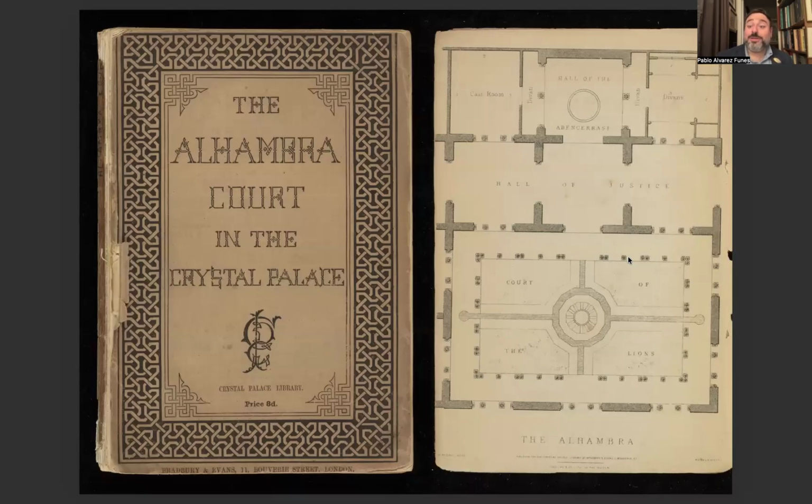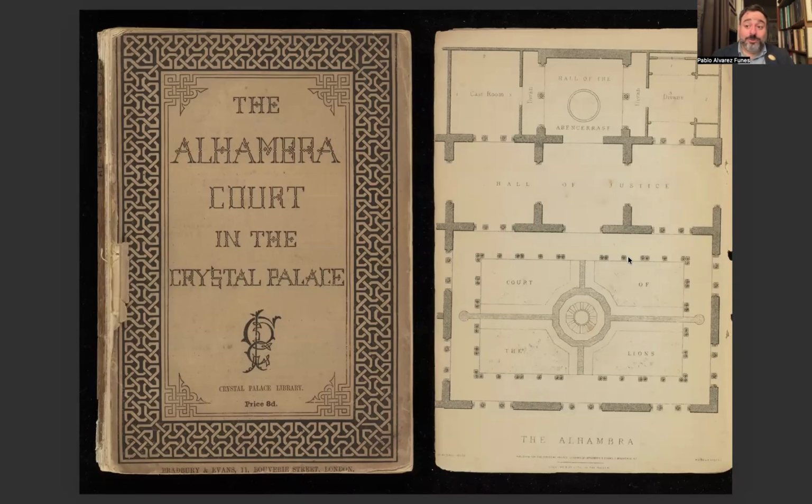That's the important thing, because here Owen Jones did, as I said, a freestyle version of the Alhambra using all the knowledge that he had. And then he also explains how he designed every single thing, why everything is the way it is, why it should not be any other way. And this is important because these are design decisions.